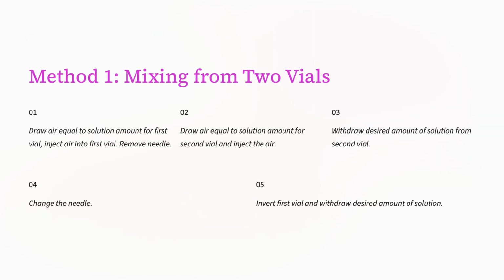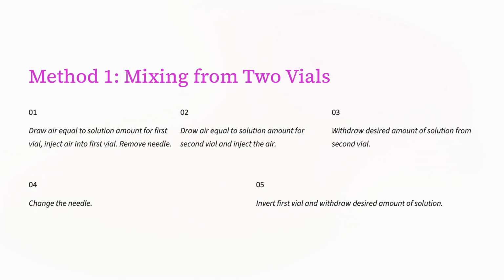If you're going to mix from two vials, you want to draw air equal to the solution. We always draw air when we're pulling up a solution, because it makes it easier to pull back and it prevents bubbles. It's always a good practice. If you're drawing 1 milliliter from a vial, then inject 1 milliliter of air first.